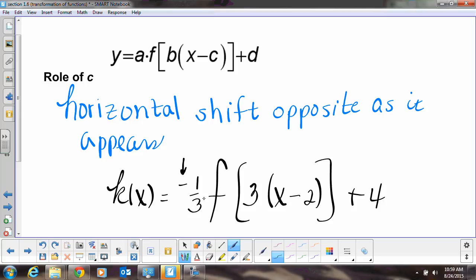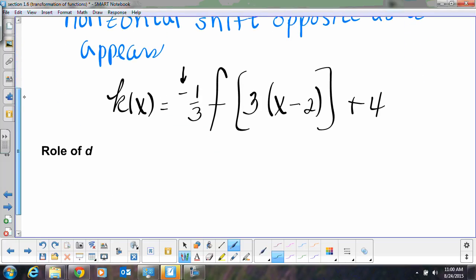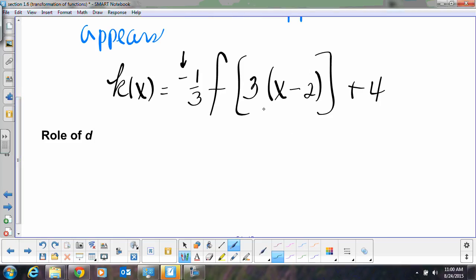What about the 1/3 part? What kind? Vertical compression by a factor of 1/3. Okay. Mikhail, what does a 3 do? Excellent. What is this 2 going to do, Ashley? 2 to the right. All right.